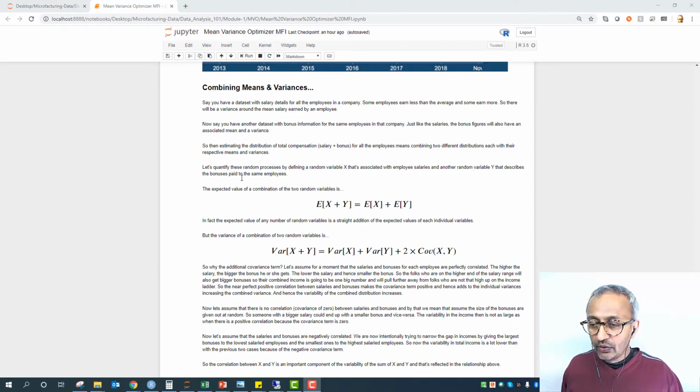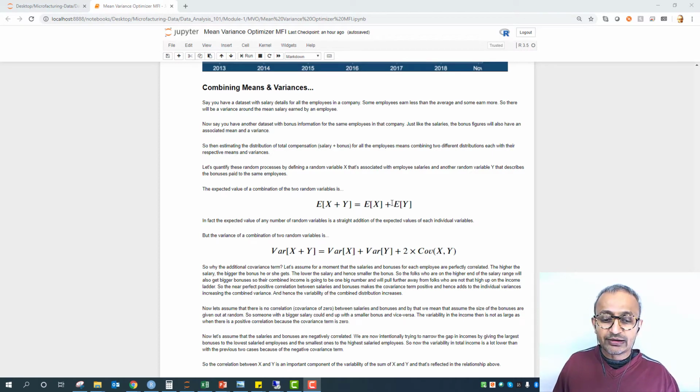When you combine the two data series, you can add up the means straight, and you can have as many data series as you want. Let's say you have a third data set which describes something else in dollar terms: salary, bonus, and, say, benefits, which you can quantify.